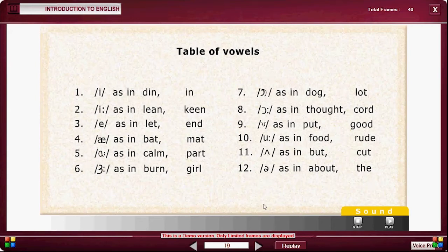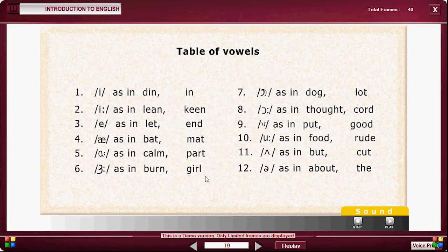Fourth one, fifth one, sixth one, 11th one, and 12th one. These 5 sounds are unique in English, and the other sounds are available in our language also, with similar sounds. So these sounds have to be learned. It cannot be written in our language.